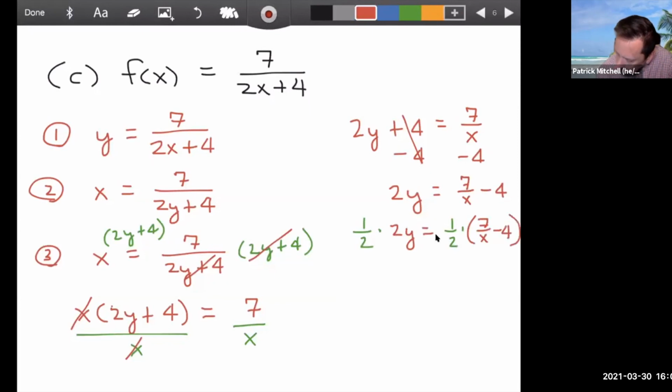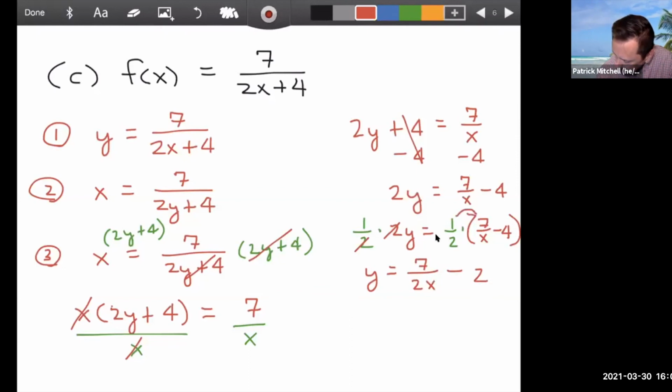All right, so that is going to give me y equals. Now you could leave that right-hand side just the way it is, or you could distribute the 1/2. I'll distribute the 1/2 and then we don't have to use parentheses to write the answer. That would give me 7 over 2x minus 1/2 times 4, which is 2.